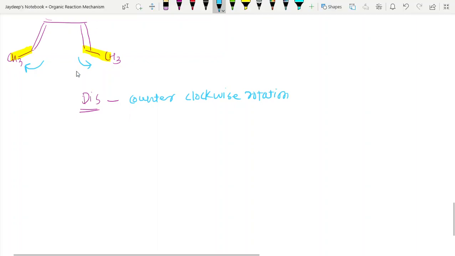Now look at these two methyl groups, where we always have to consider the position of the methyl groups. These methyl groups are already pointed outside, they are not in the ring.